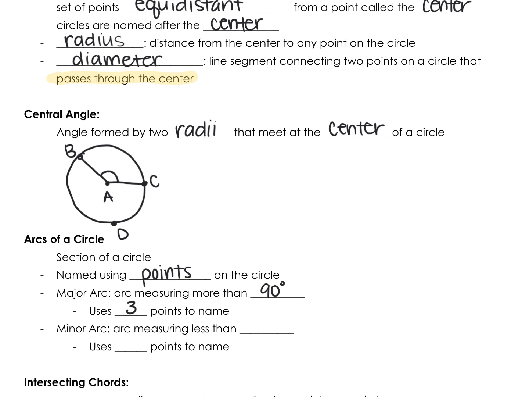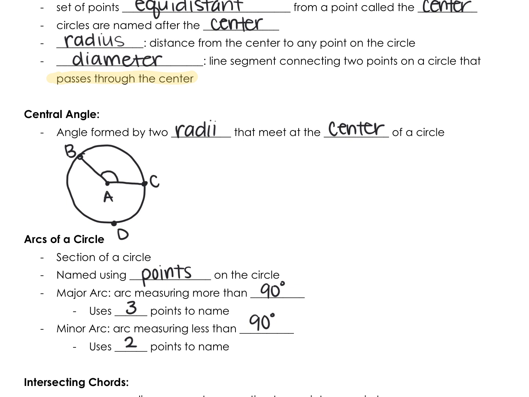And then there's a minor arc, which is an arc measuring less than 90 degrees, and we use 2 points to name it. So it is important that the first and third points you use for a major arc are the points of the angle you want to identify.